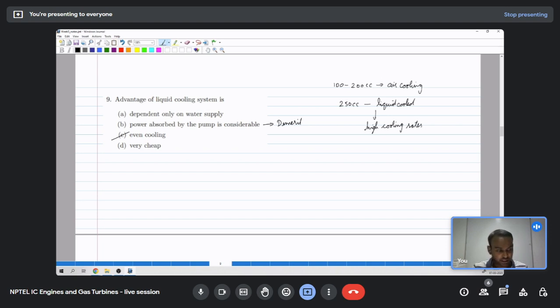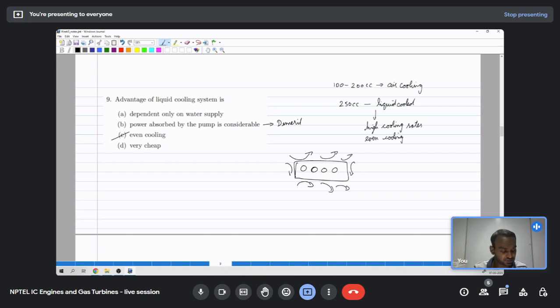And you can also achieve even cooling. How is this so? When you have, say, a 4-cylinder or 6-cylinder engine, viewed from the top, looking from the cylinder head, and you have an air cooled system, the air flows only through the outsides. That means the end cylinders will get cooled much more than the inner cylinders.